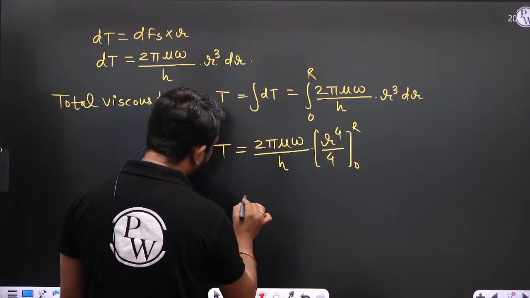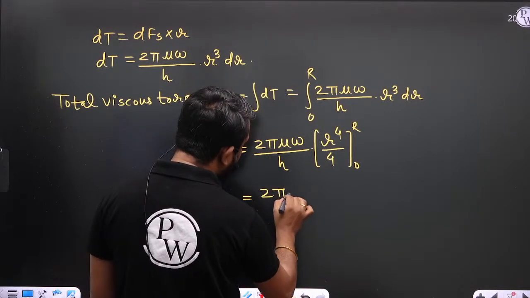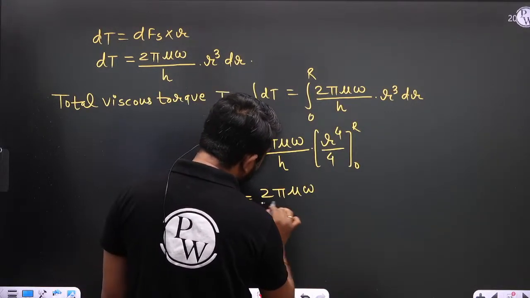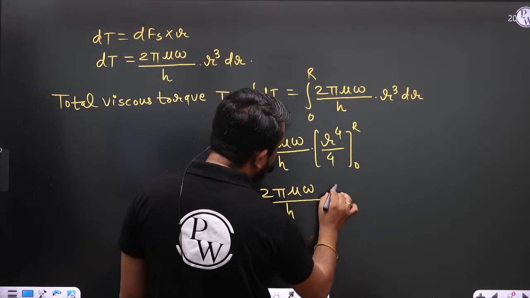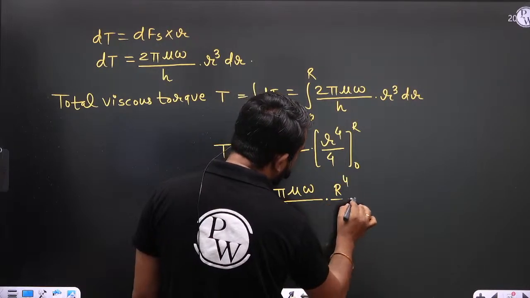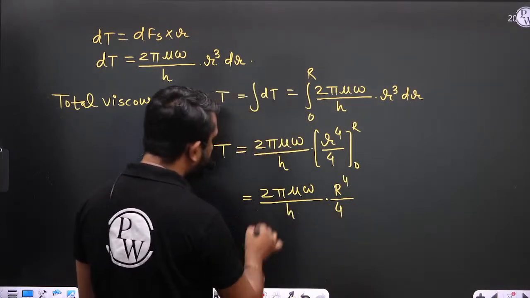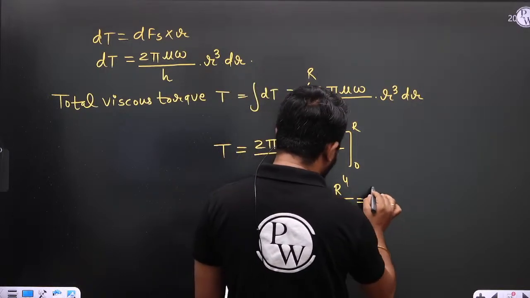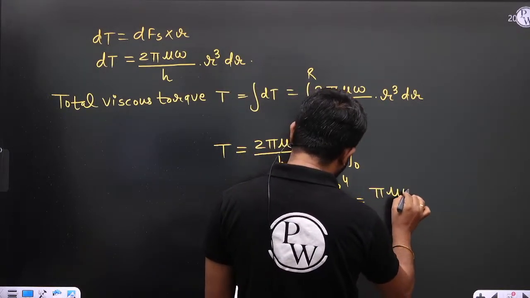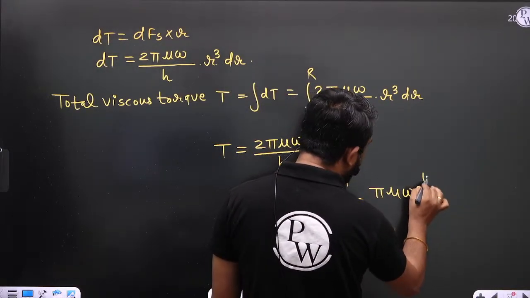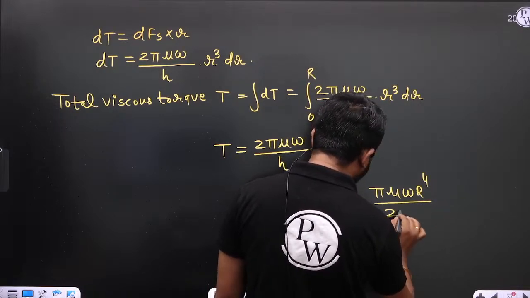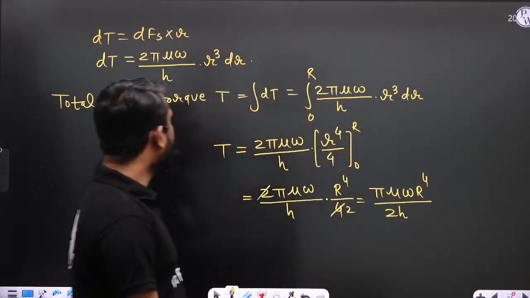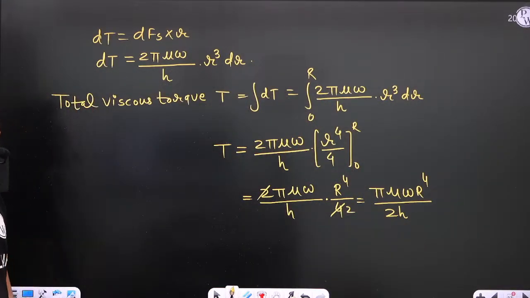So ultimately we get 2 pi mu omega by h into r to the power 4 by 4. The 2s cancel, so the viscous torque is pi mu omega r to the power 4 by 2h.